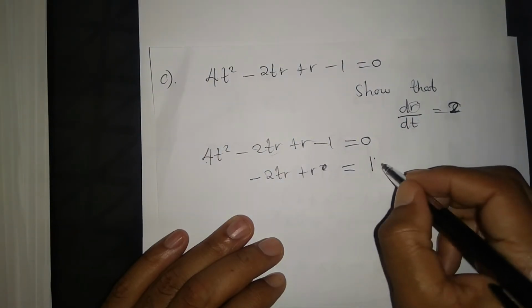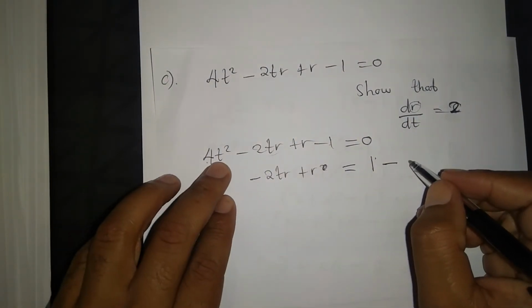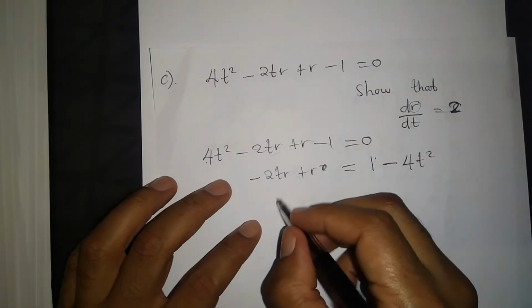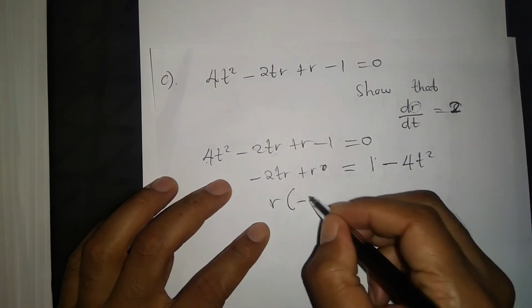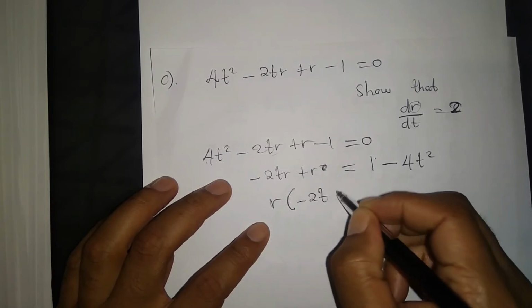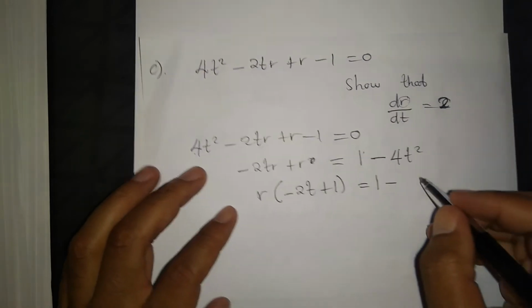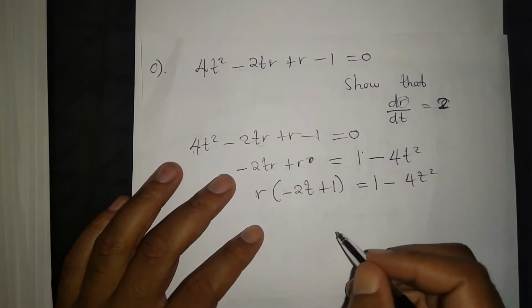When it crosses over it becomes positive, and the 4t squared becomes a minus 4t squared. Let's take out r as a common factor. I remain with minus 2t plus 1 equal to 1 minus 4t squared.